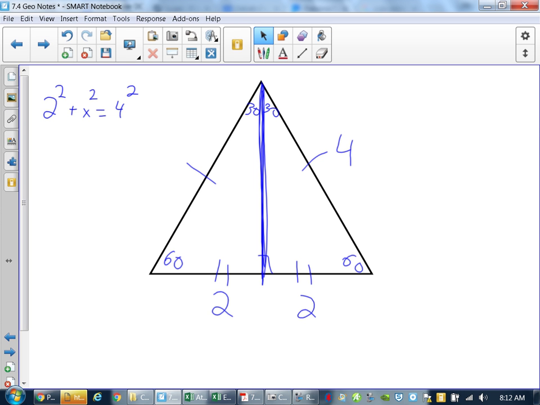What is 2 squared? 4. What is 4 squared? 16. So we have 4 plus x squared is 16. Subtract it, we get x squared is 12. What's the square root of 12? 2 root 3. We get 2 root 3 for this.